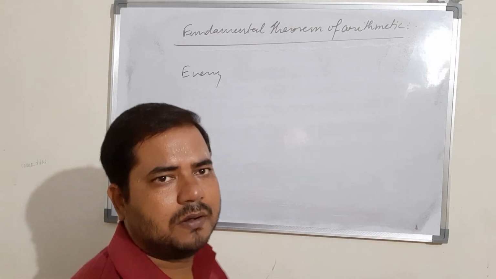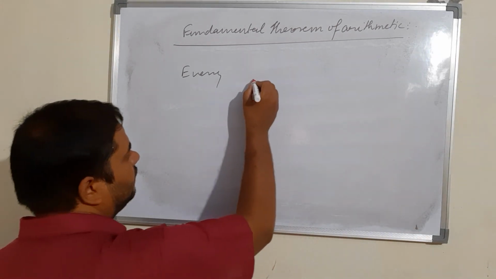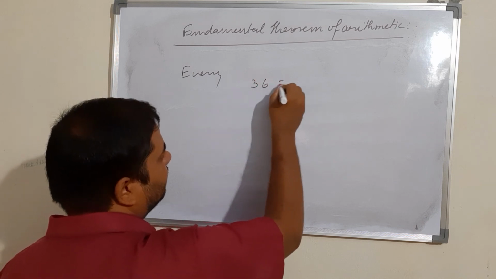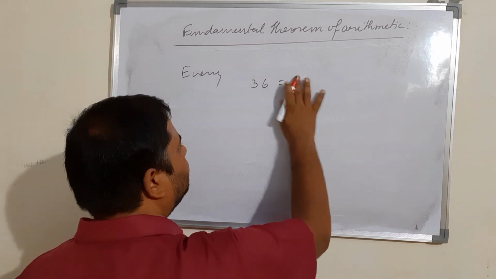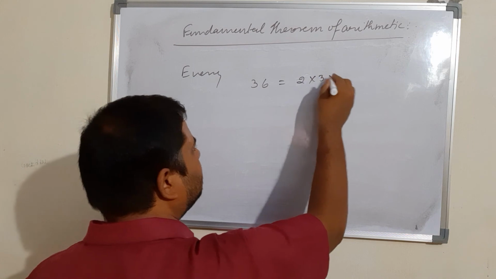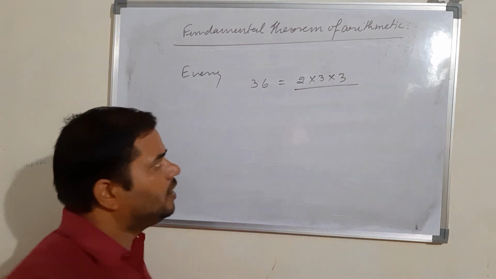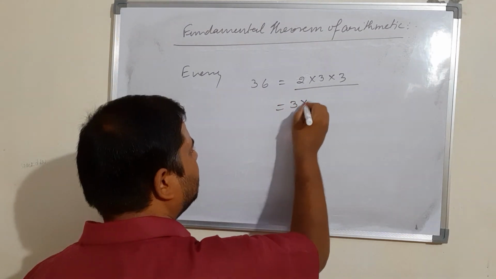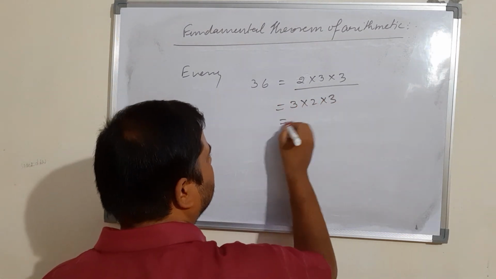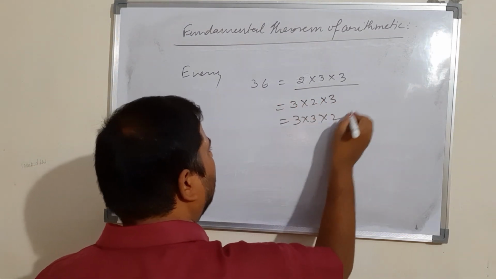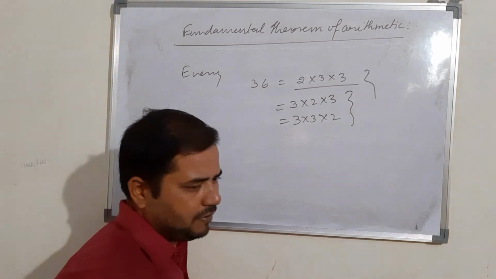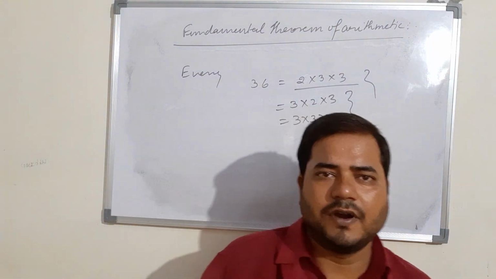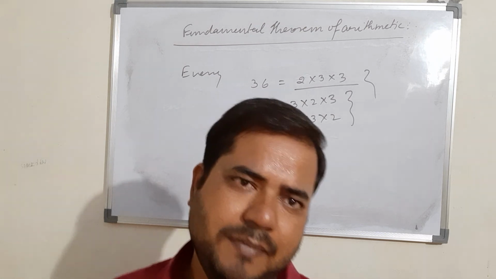For example, suppose you want to write 36: 2 into 3 into 3. The order of the numbers doesn't matter. That means you can write this as 3 into 2 into 3, or 3 into 3 into 2. Okay. So this is the fundamental theorem of arithmetic.